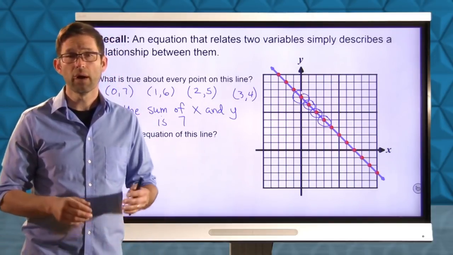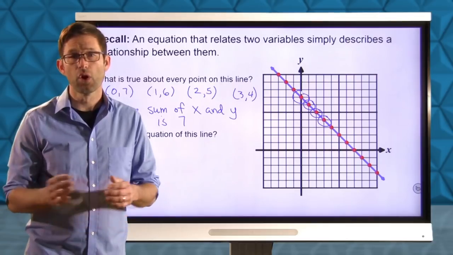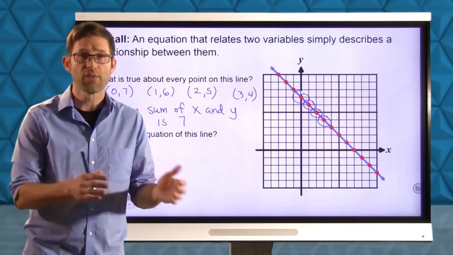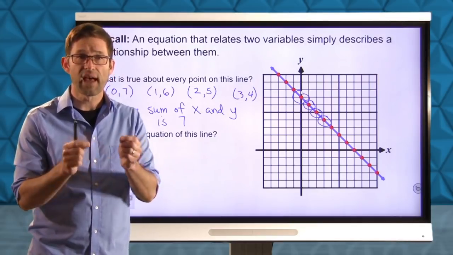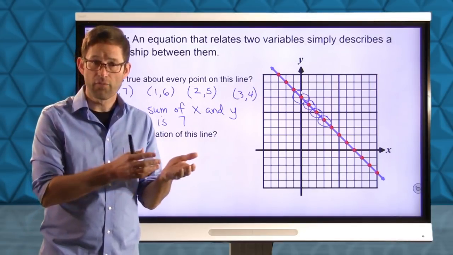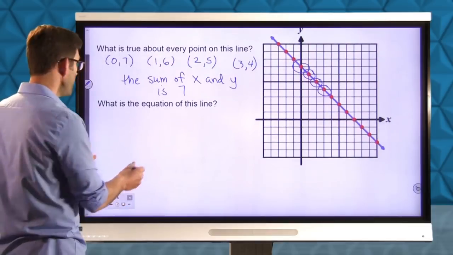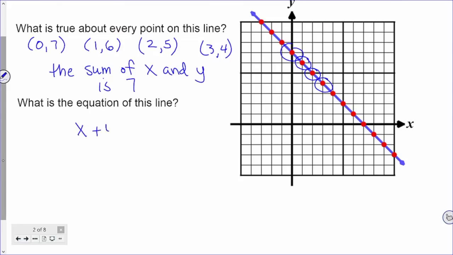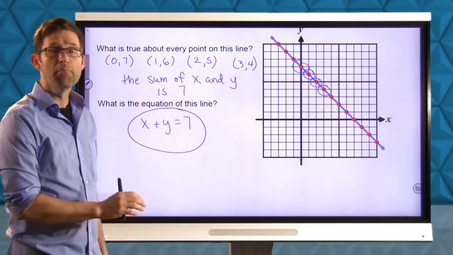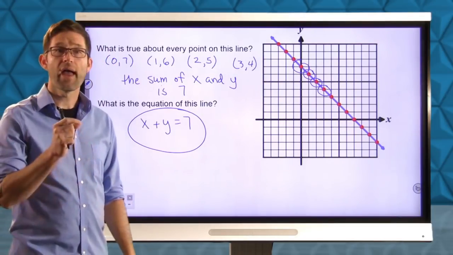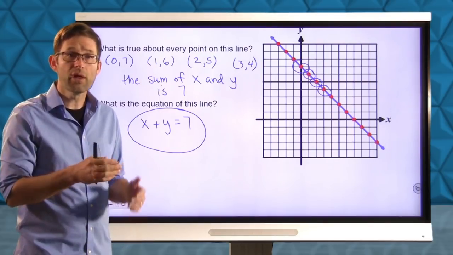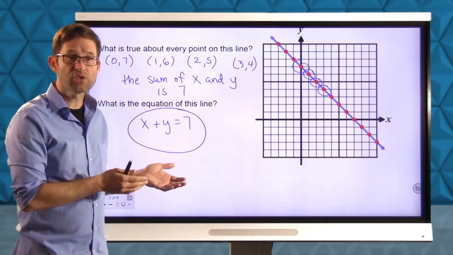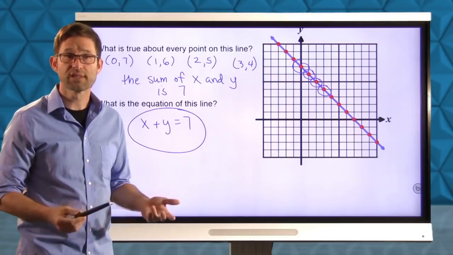You might say the y-intercept is 7 and the slope is -1. But at the end of the day, the equation that relates x and y for this line is simply x plus y equals 7. That's its equation, because it relates every x, y point on this graph. Every point on this graph, the x-coordinate plus the y-coordinate is 7.